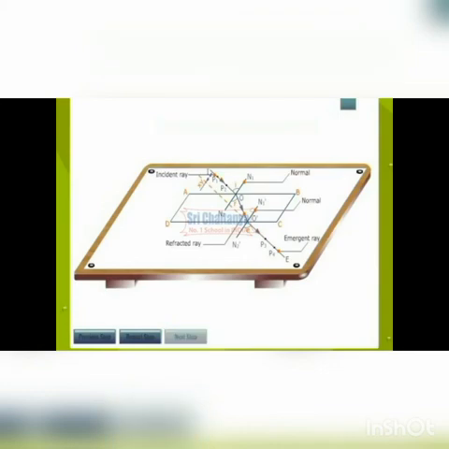The above experiment shows that when a ray of light is passing from air to glass, that is, from a rarer medium to a denser medium, the refracted ray bends towards the normal drawn at the point of incidence. The emergent ray O'(E) is the refracted ray emerging out of the glass slab. O'(E) is parallel to the incident ray.